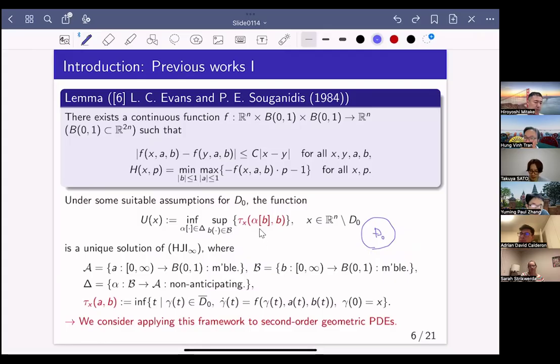This formula means that for each point x, the value u of x can be written by using the first arrival time of some trajectory determined by this ODE, and here A and B are controls of the two opposing players.